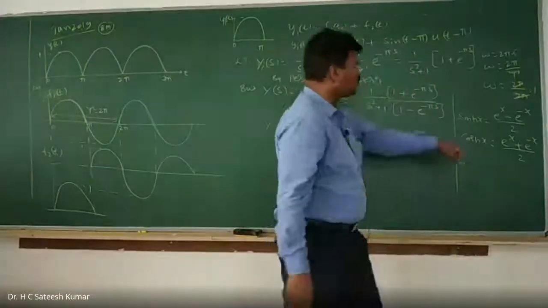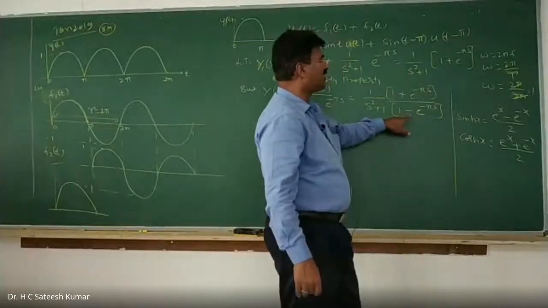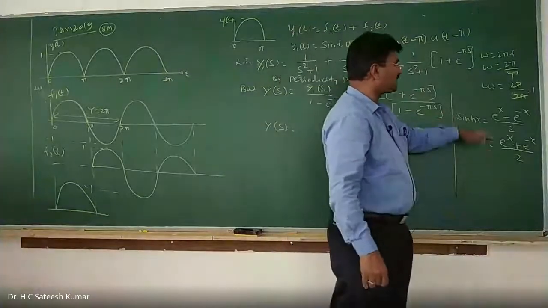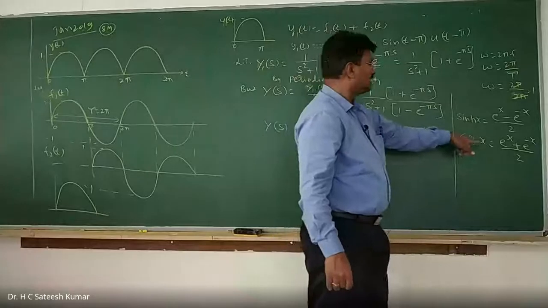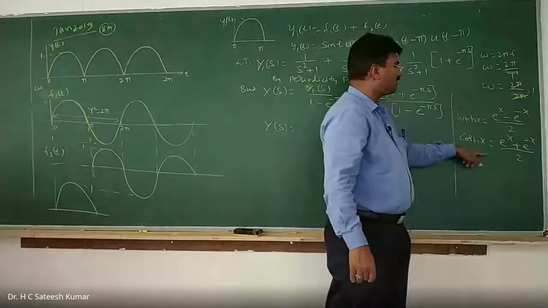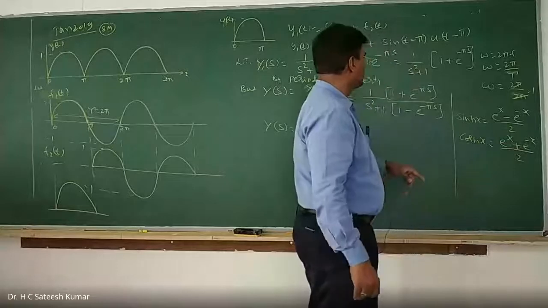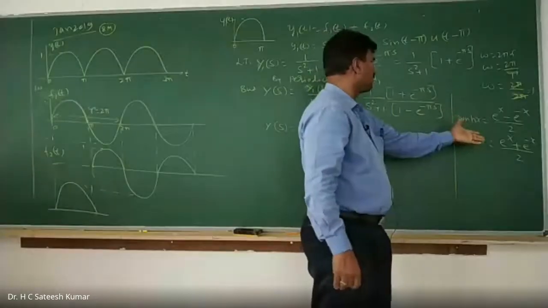Now, 2 gets cancelled. Minus sign is in the denominator and plus sign is in the numerator, that is cosh x divided by sinh x, you will get it. If you divide these two, 2 gets cancelled. Using this relation, we can simplify further.